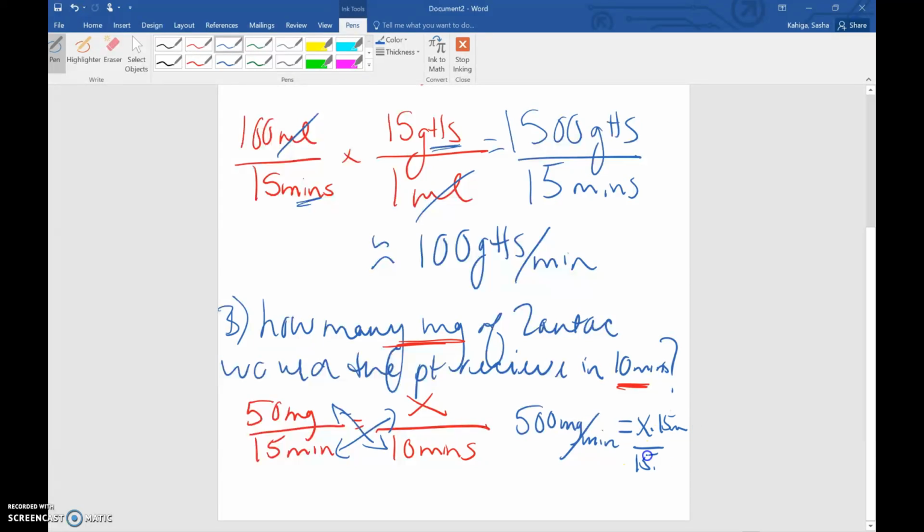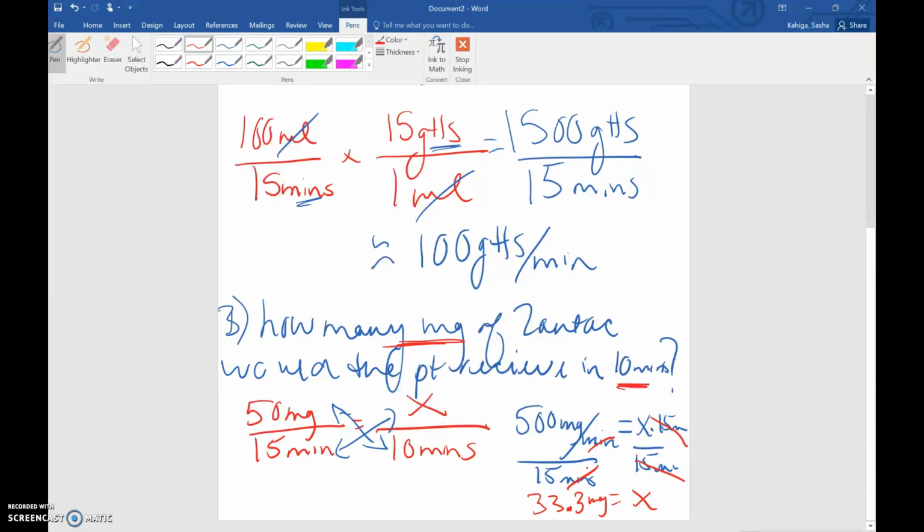You're going to divide 15 minutes on both sides. So if I divide 15 minutes on both sides, 15 minutes crosses out on the right-hand side, leaving you with x. Minutes cross out on the left-hand side, and all you do is just divide 15 into 500. And your answer comes out to be 33.3 milligrams.